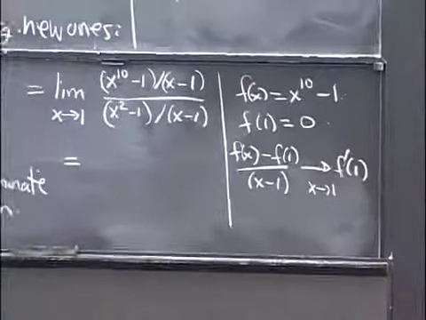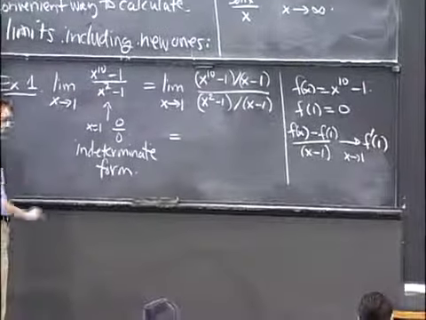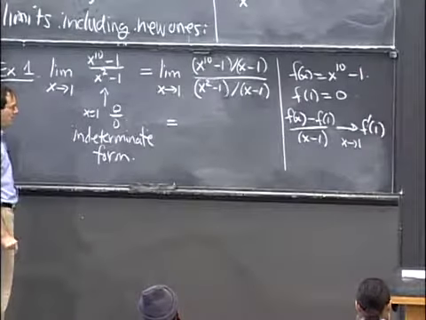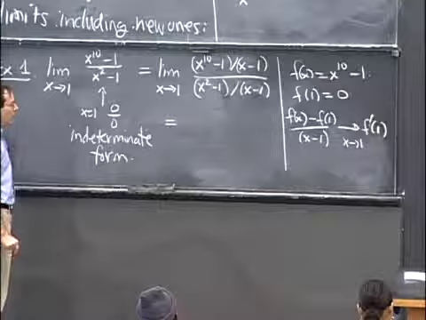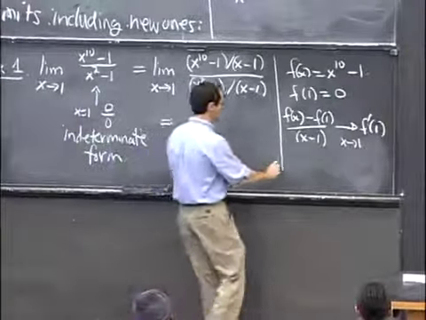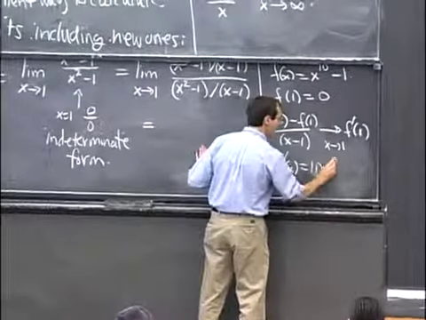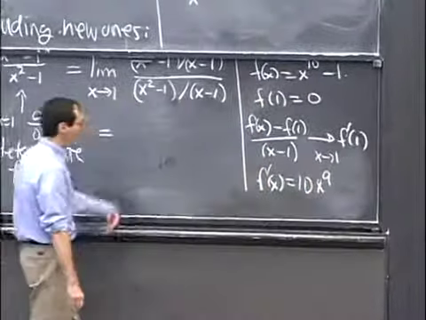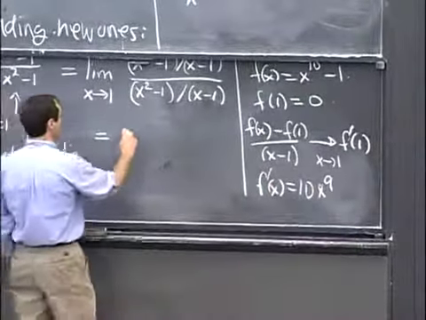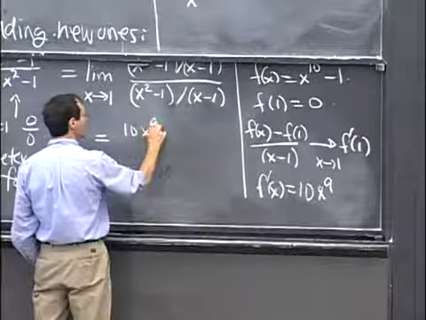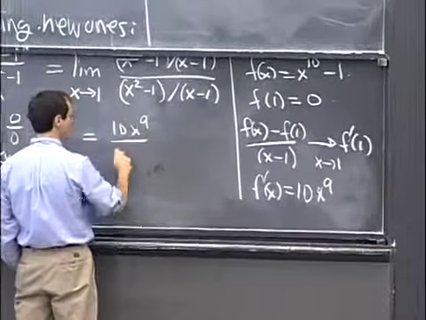That's what it is. So we know what the numerator goes to, and similarly we'll know what the denominator goes to. But what is that? Well, f prime of x is equal to 10x to the 9th power. So we know what the answer is. In the numerator, it's 10x to the 9th. In the denominator, it's going to be 2x.